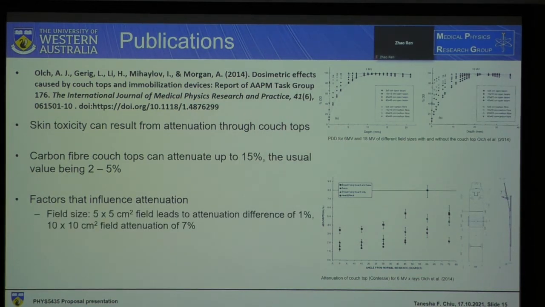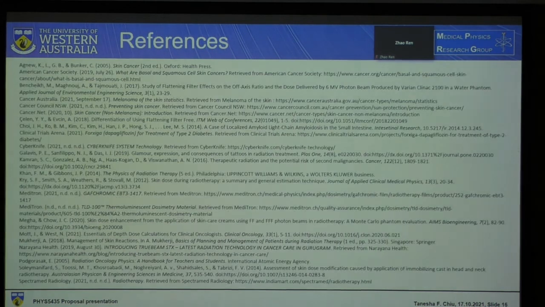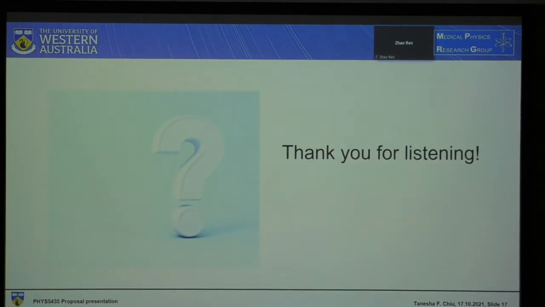So for example, a 5 by 5 centimeter square field leads to an attenuation difference of 1%, but a 10 by 10 centimeter square field leads to attenuation of 7%. And lastly, beam angle. Attenuation can increase to the order of 4 times as beam angle increases from 0 to 70 degrees. These are the references I used, and thank you very much for listening.